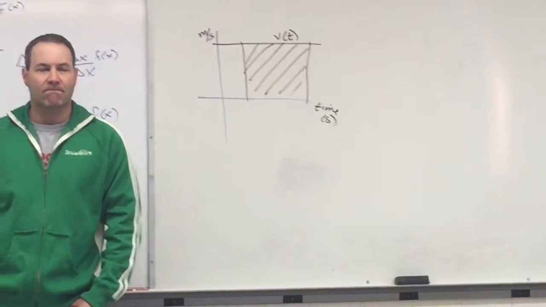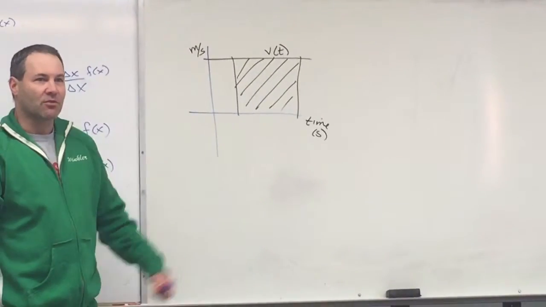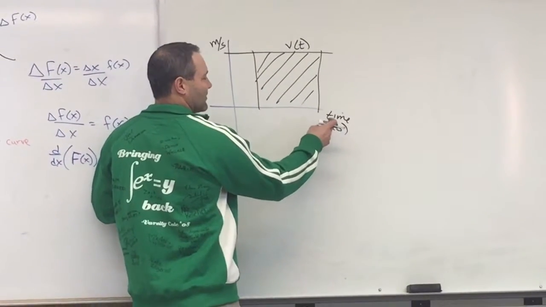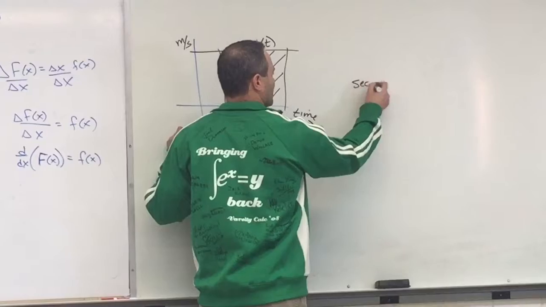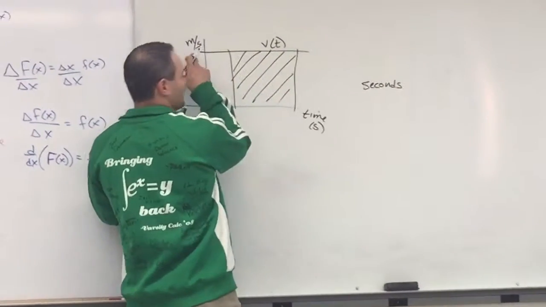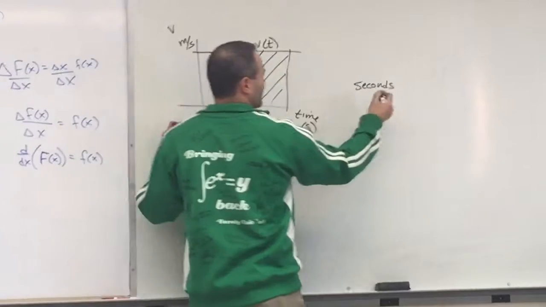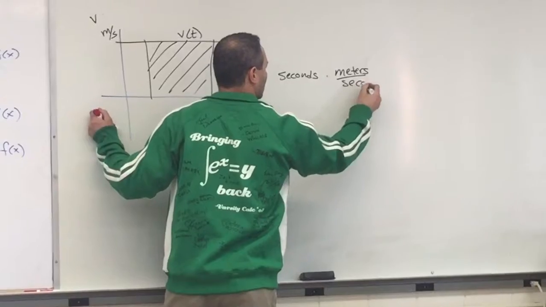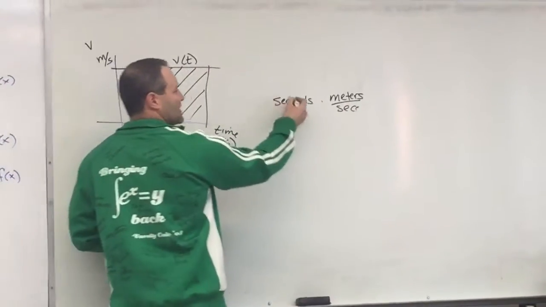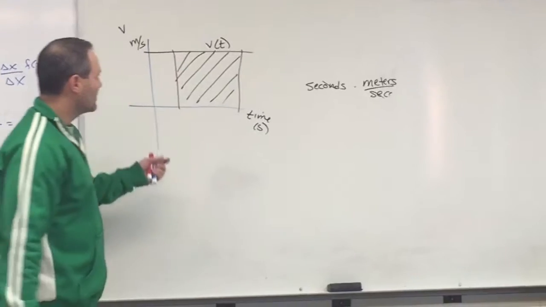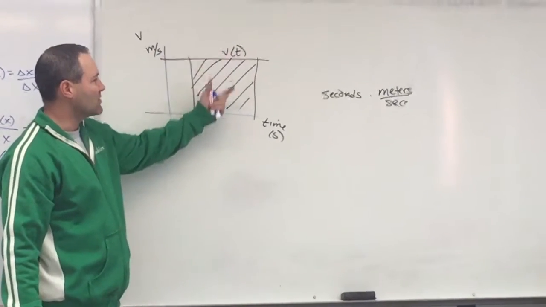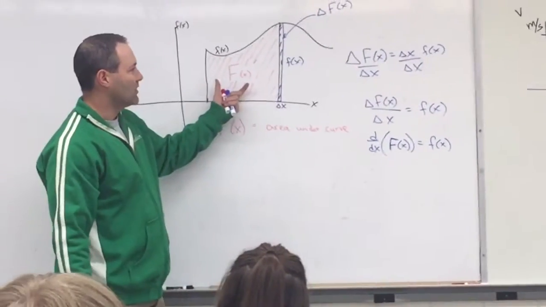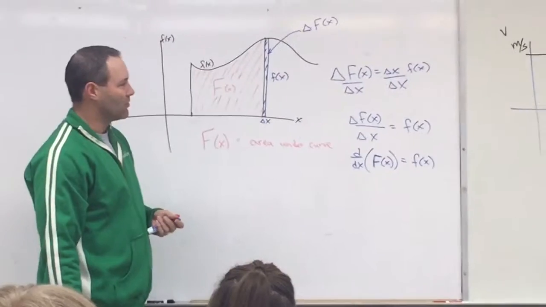Distance, right? If you multiply the time in seconds times the velocity in meters per second, the seconds cross off and you just get meters. So the area underneath the velocity curve gives you the distance. Area underneath any curve is going to give you the antiderivative, or the integral.